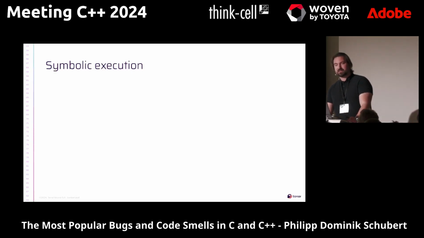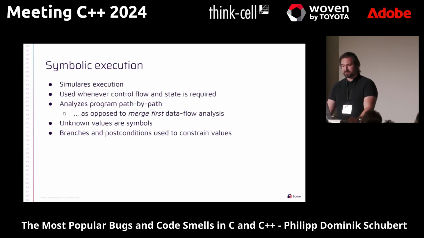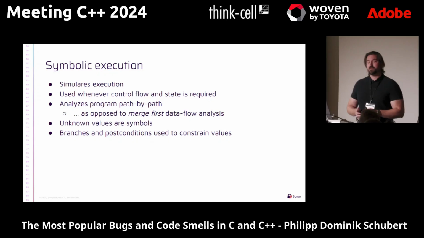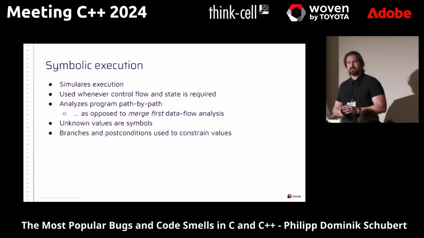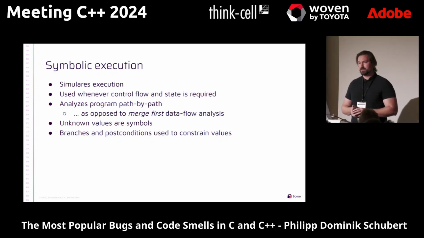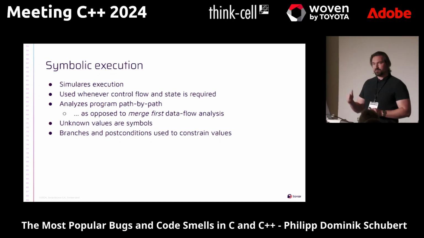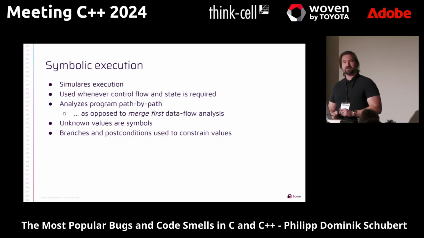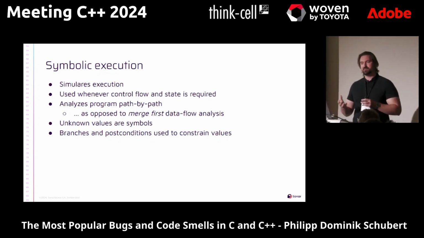So yet another technique is symbolic execution that we use in our day-to-day business. How does it work? Symbolic execution simulates the program's execution. And we use that over AST-based rules whenever we need control flow and some additional state to reason about a program and its properties.